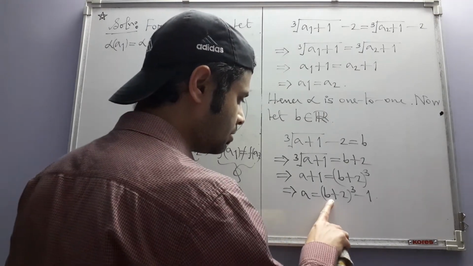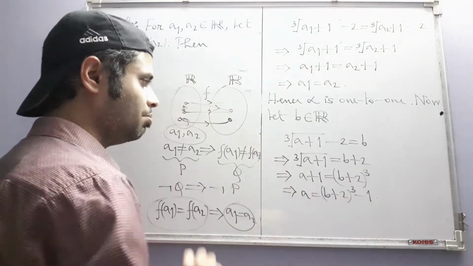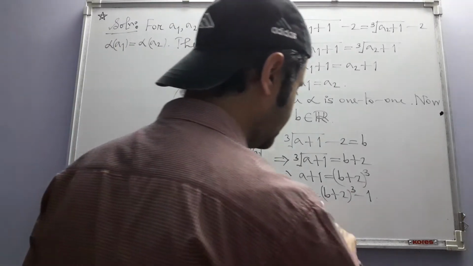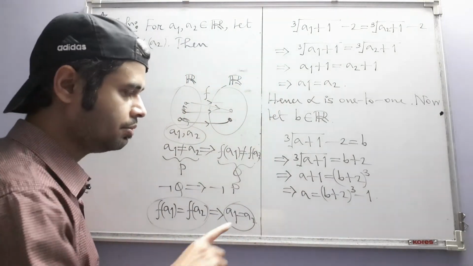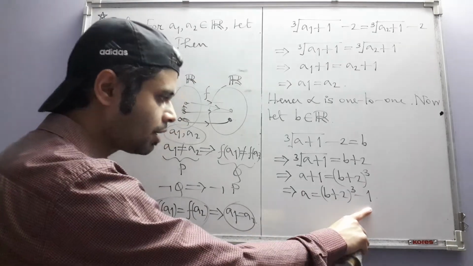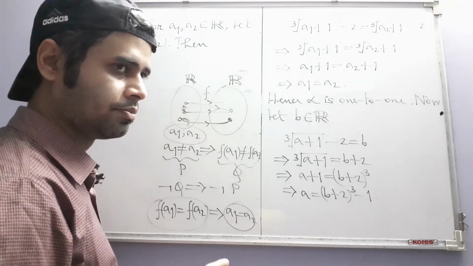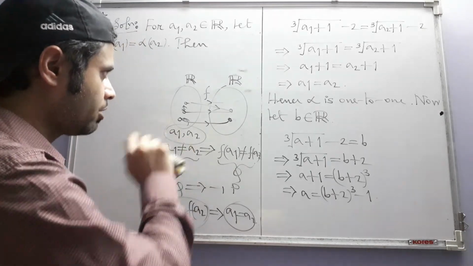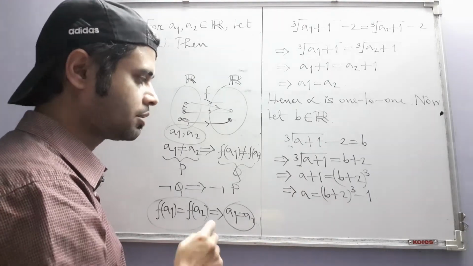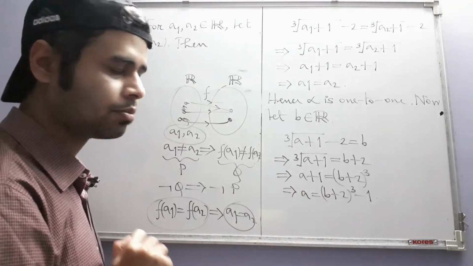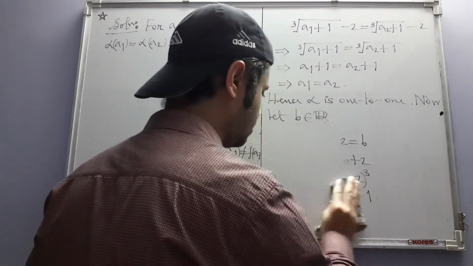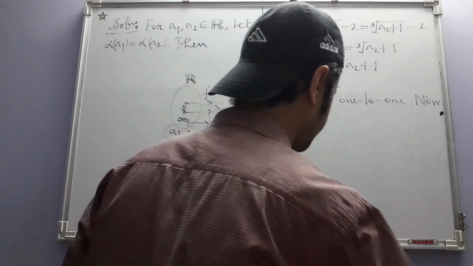So that means this is our something from which B will come, that is b plus 2 whole cube minus 1. And clearly for any given real number b, this is also a real number. You also have to make sure that the something you have found as your pre-image should belong to the domain. Here the domain is very large, it has all the real numbers, so there is no problem, but sometimes there are problems. So b plus 2 whole cube minus 1, but this we don't need now.